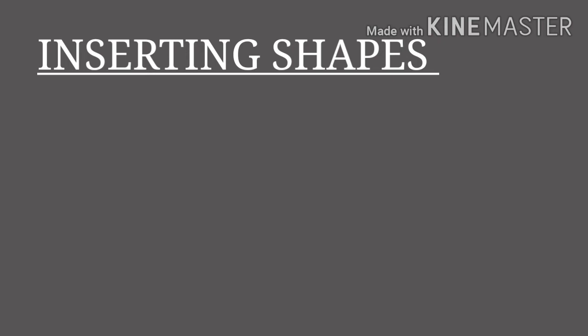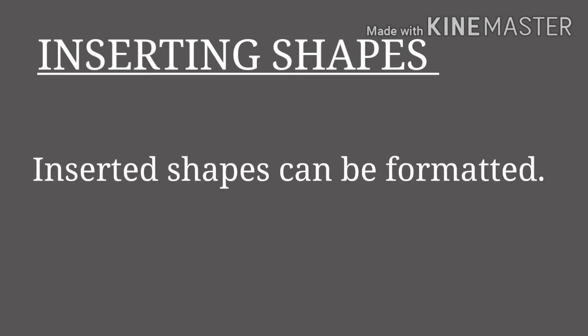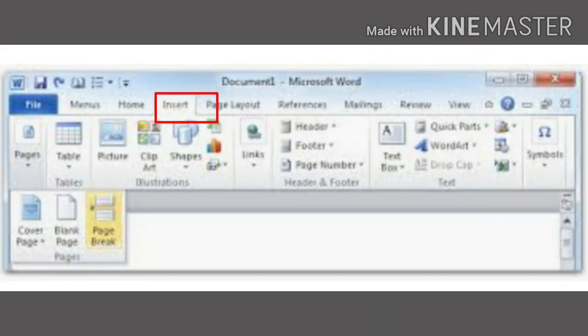The next feature is inserting shapes. You can insert shapes into your document and also format them according to your preferences by filling them with color, or you can insert text inside the shape. So let's see how we can do these things.